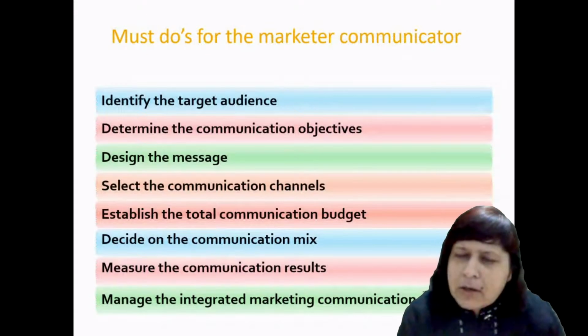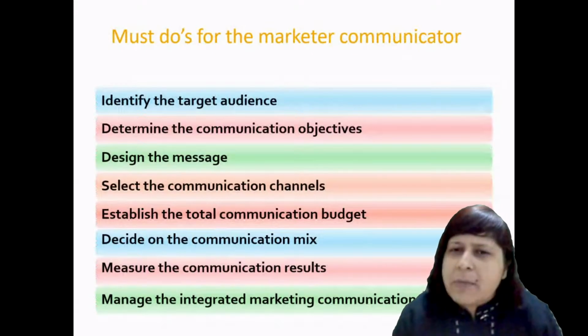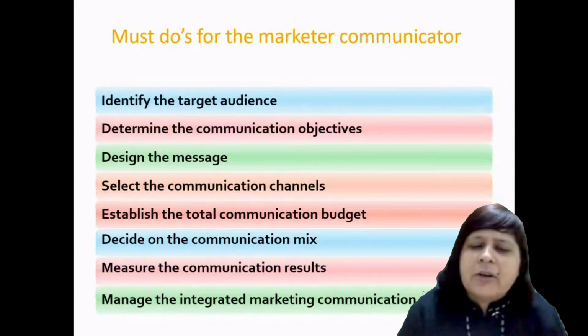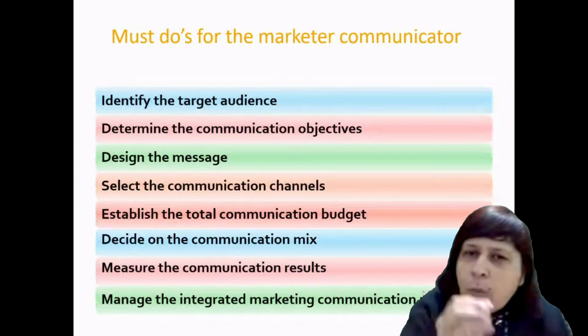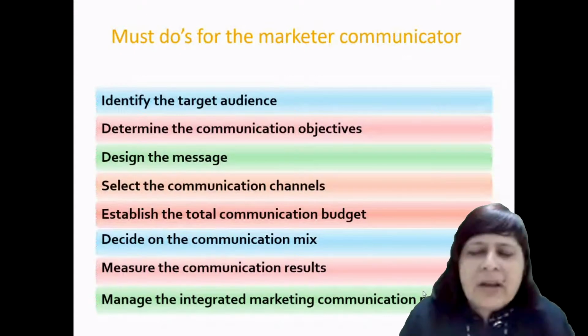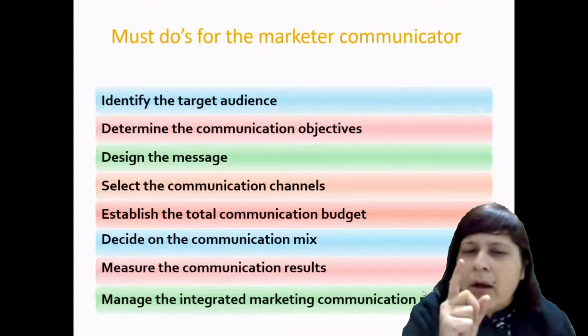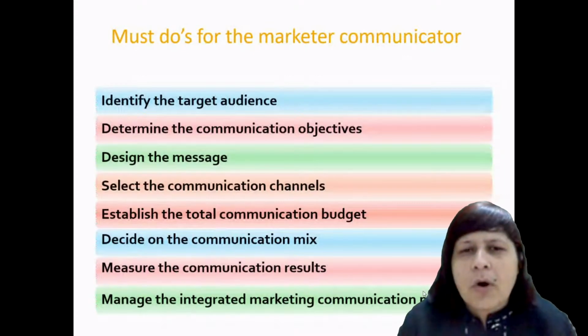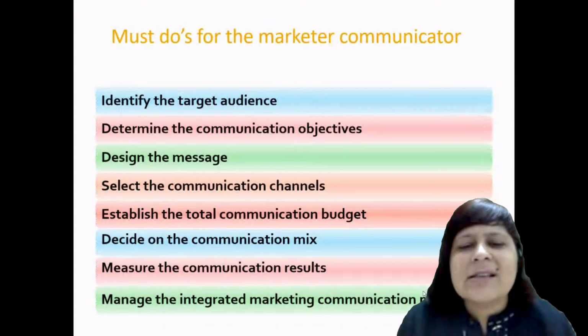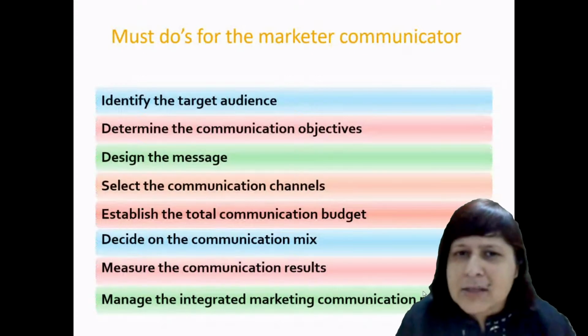So we segment the market, and according to the segmentation of the market, we target the audience. Who could be our target audience? To which segment do we want to offer our product or services? This is targeting the market.